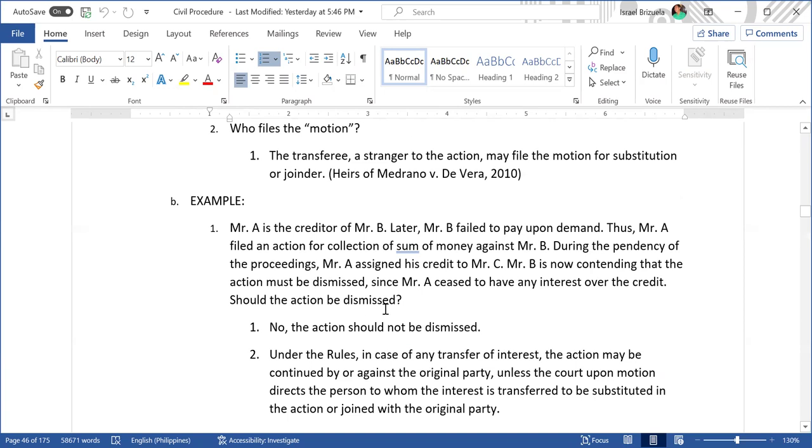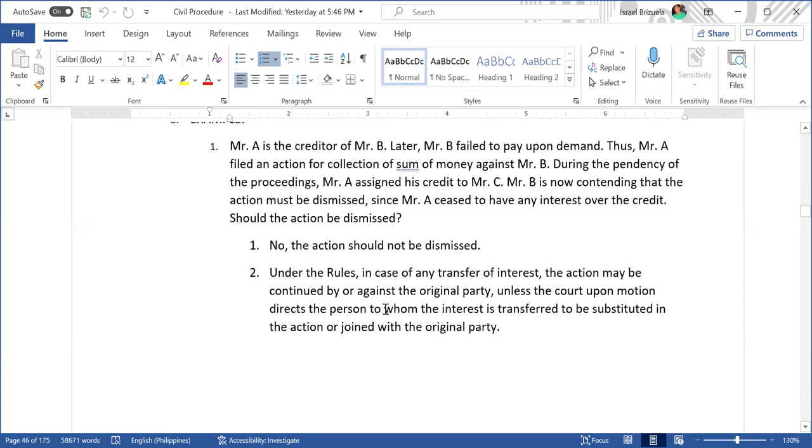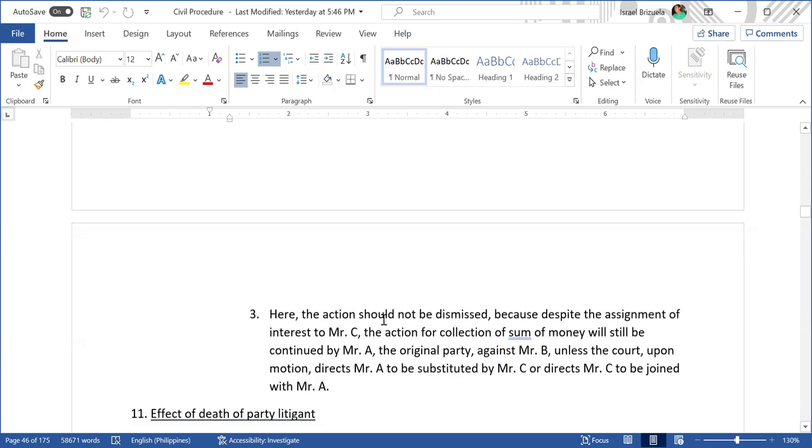Under the rules, in case of a transfer of interest, the action may be continued by or against the original party unless the court upon motion directs the person to whom the interest is transferred to be substituted in the action or joined with the original party.